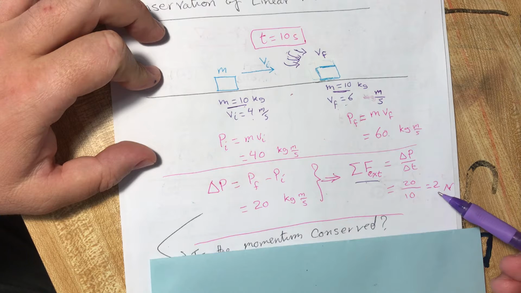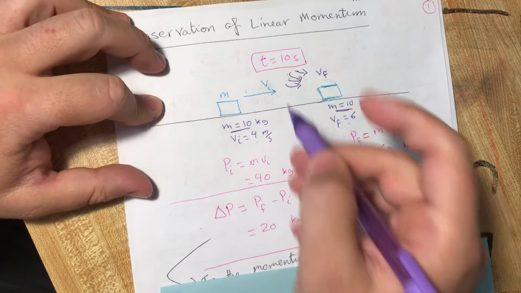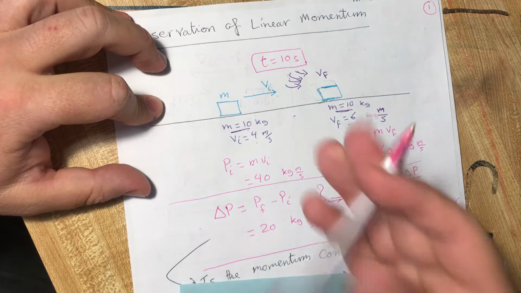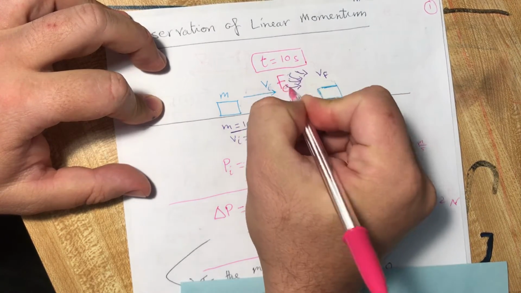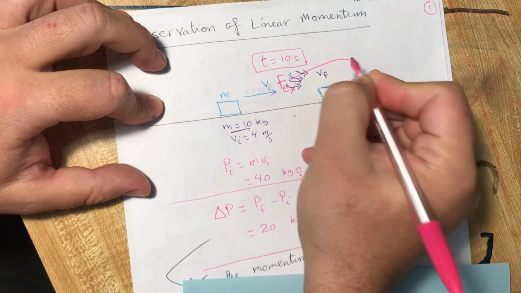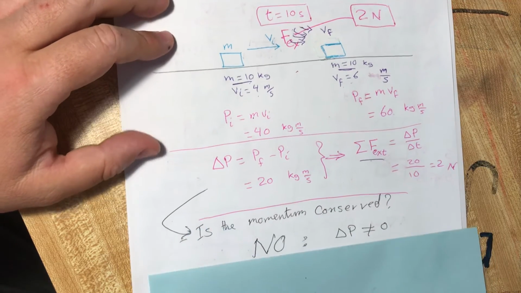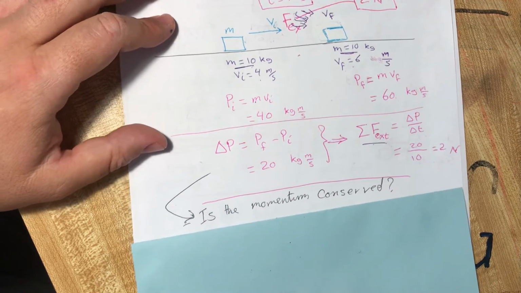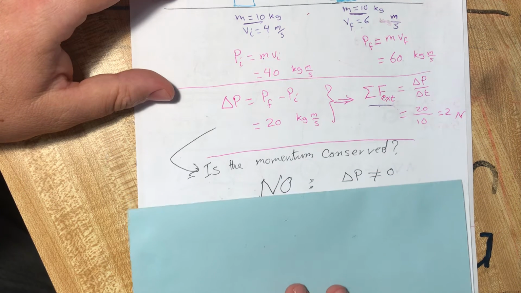Then the external force in this case is 2 newtons. So F external is equal to 2 newtons. In this case, I need to ask this question: is the momentum conserved in our case? The answer is no.